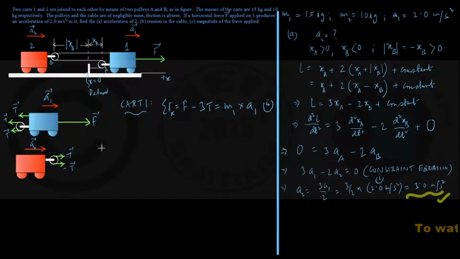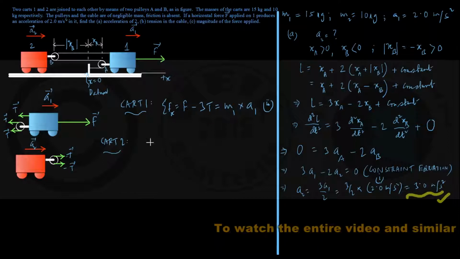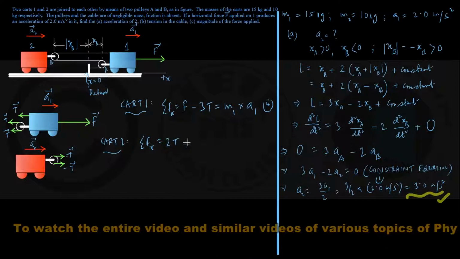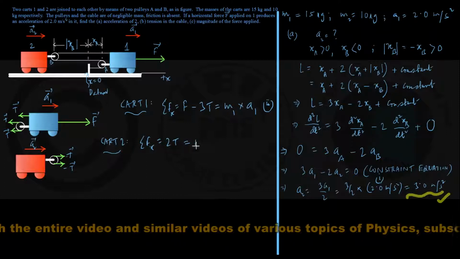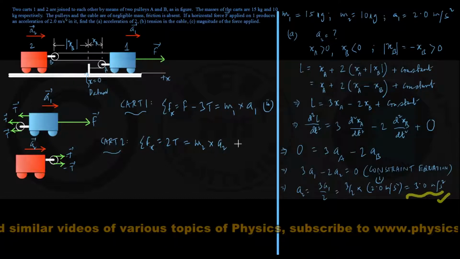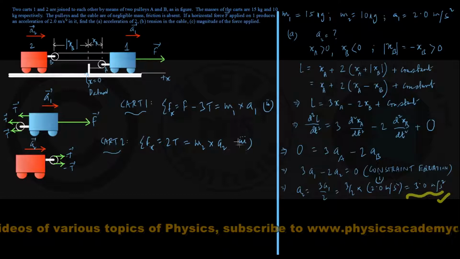So for cart 2, the equation of motion becomes, well, in the x direction only to the right, twice T is equal to mass of cart 2 into its acceleration a2. That let me call equation number 3.